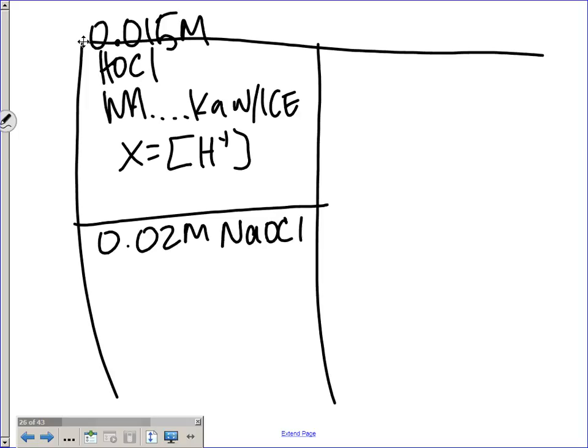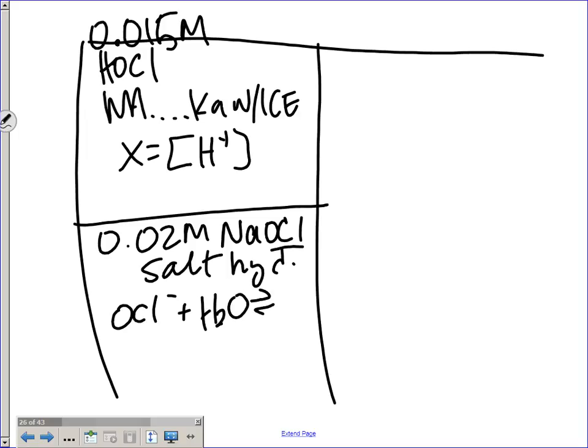Okay, if you have that, you recognize it as a what? Salt hydrolysis. Okay, so as a salt, you have to do salt hydrolysis with which ion? The hypochlorite, right? So the OCl minus is going to act as a great base. Now, salt hydrolysis means you do have to add it to water. So when you come to equilibrium there, what are you making?